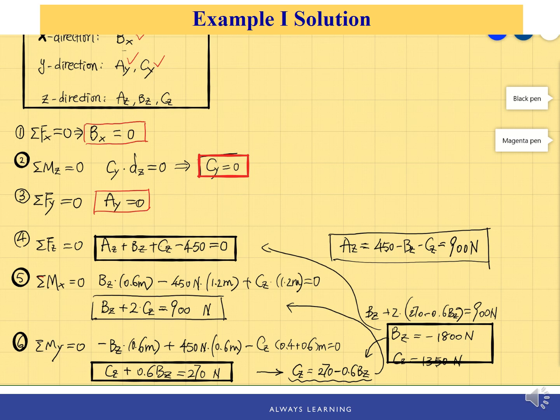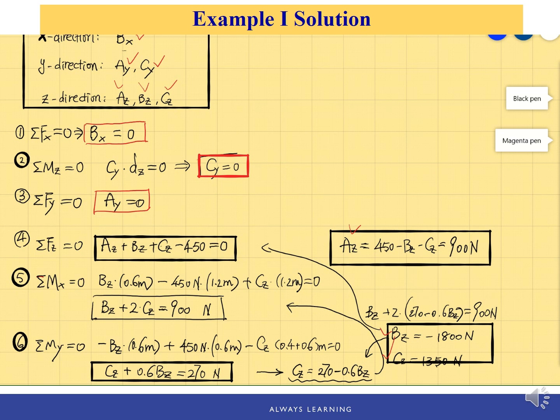And now we have all of the forces solved. AX, BX equals 0, CY equals 0, AY equals 0, and AZ is 900 Newton, BZ is negative 1800 Newton, and CZ is 1350 Newton.